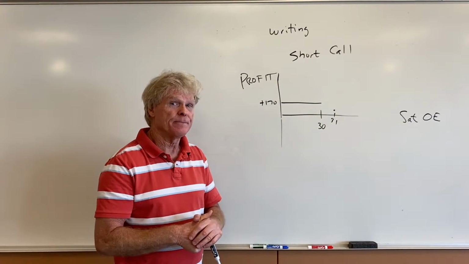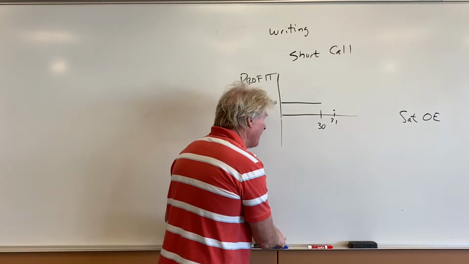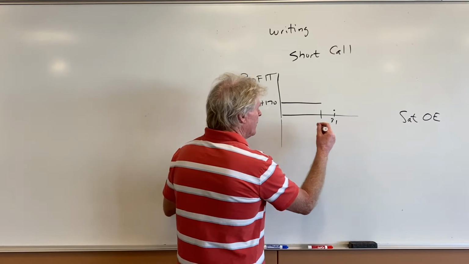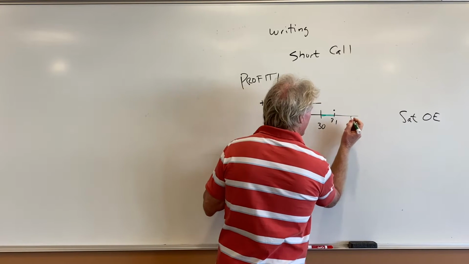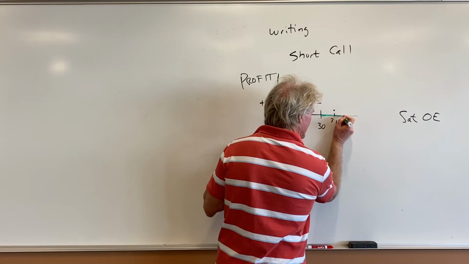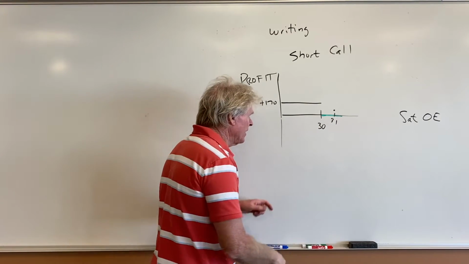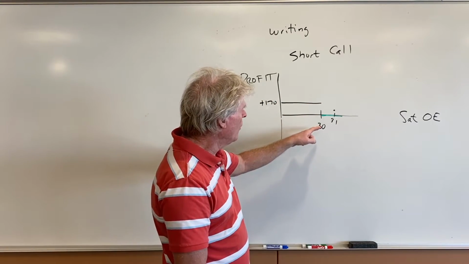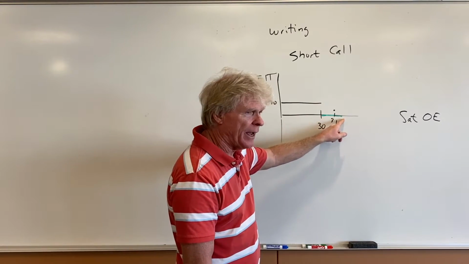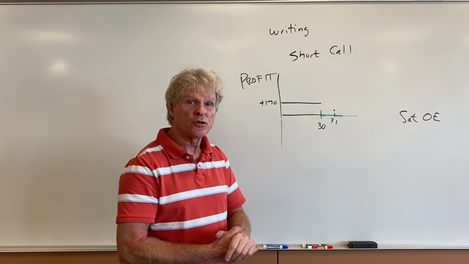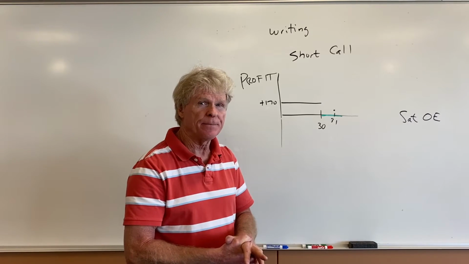But we still have a profit. And this is something very important to notice: for this range here, and actually more, I'll define the exact value in a moment. It's interesting because we wrote the call with a strike price of 30, and at option expiration along this green line, the stock price was higher than the strike price of 30. Therefore, the option that we wrote expired in the money.